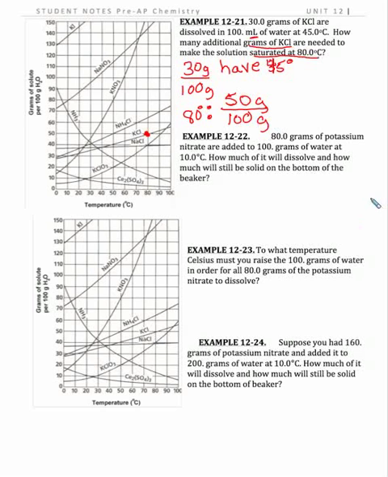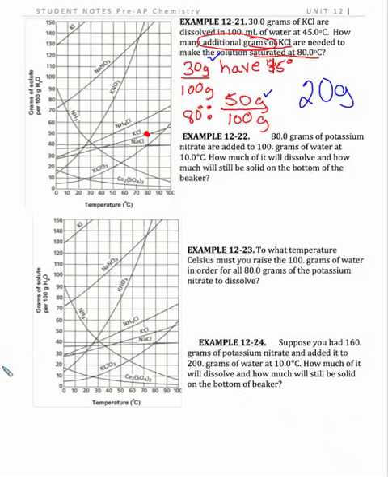So I have 50 grams per 100 grams of water at 80 degrees, and I have 30 grams at 45 degrees. Now notice that it said how many additional grams do I have to add. So if I have 30 and I need 50, you would see we would need 20 additional grams to get to that saturation point at 80 degrees.